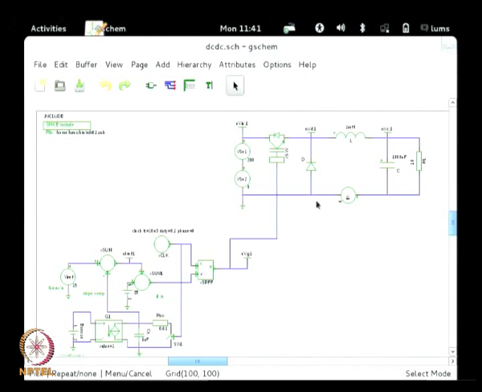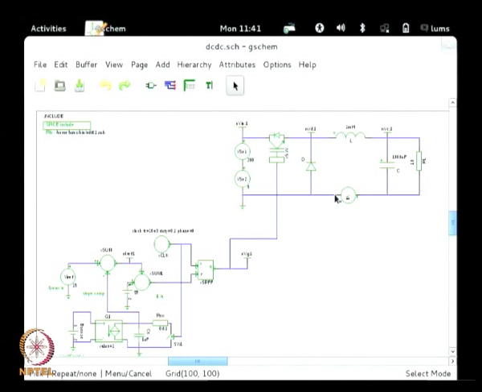Observe here, this is nothing but a buck converter. I am having two sources here. One source is the DC source of around 200 volts, and you have a power switch, a semiconductor switch. This is the buck converter circuit.